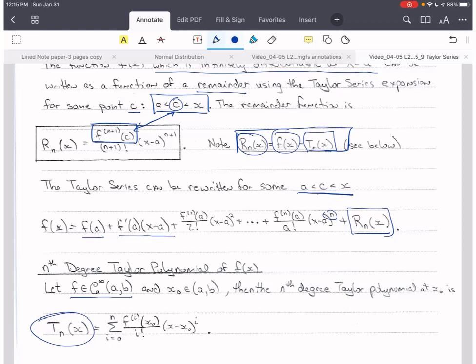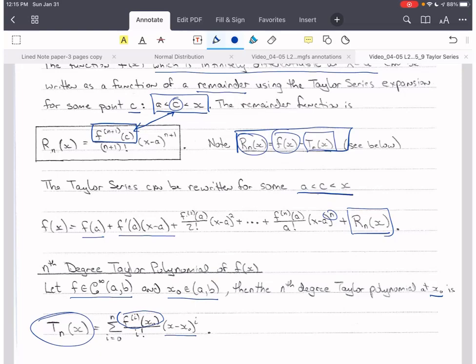So that means that no matter how many derivatives you take, f is still continuous on this open interval a to b. And then if x naught is in that open interval, then the nth degree Taylor polynomial at x naught is given by the sum from i equals 0 to n of the ith derivative of f at x naught over i factorial times x minus x naught.